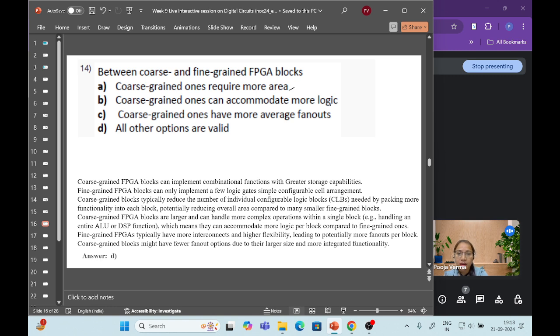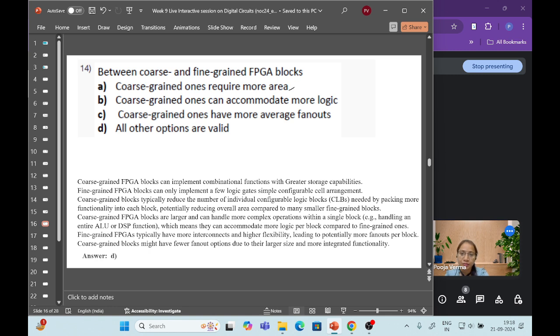They can accommodate more logic blocks because they consider all combinational logic functions, decoder, encoder. For example, if we use fine grain, for one decoder and encoder a lot of gates are required because it's made by simple logic gates. So fine grained ones cannot accommodate more logic blocks.